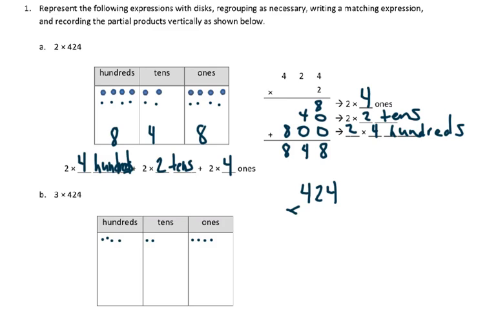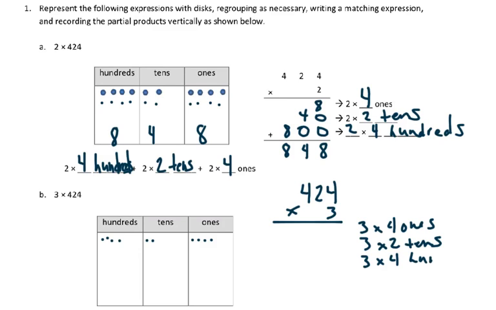Now I'm multiplying it by 3, so I'm going to be doing 3 times 4 ones, 3 times 2 tens, and 3 times 4 hundreds. And we're going to do this on our place value chart as well, three times.